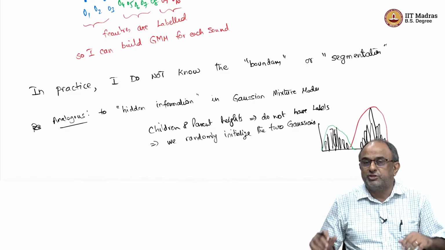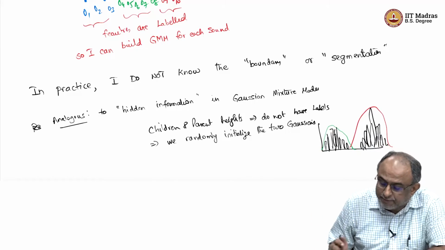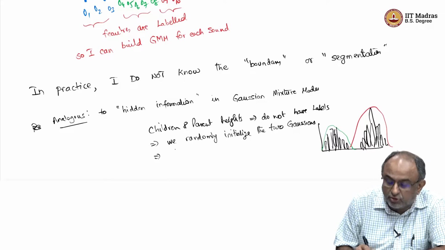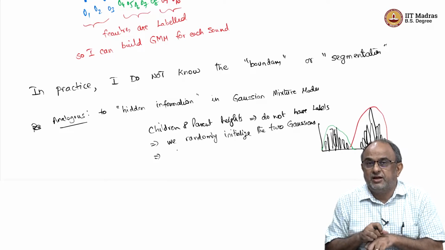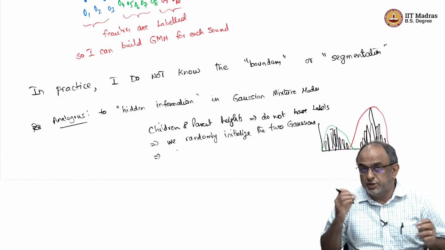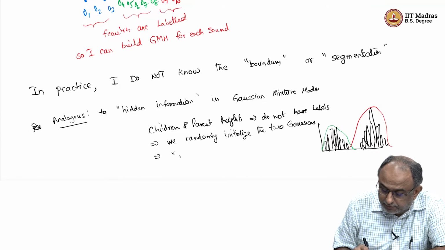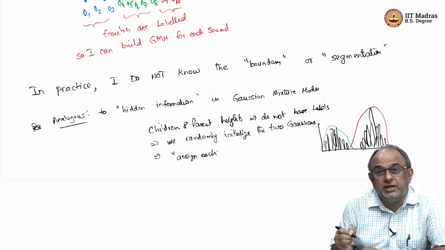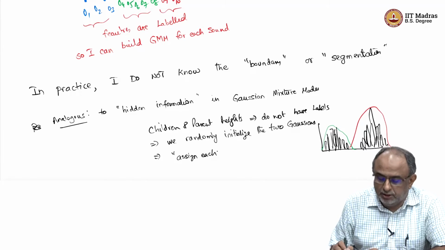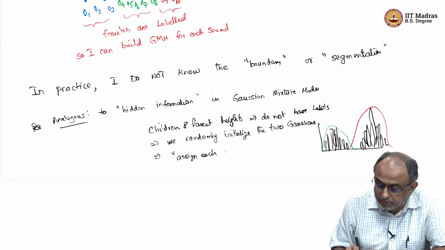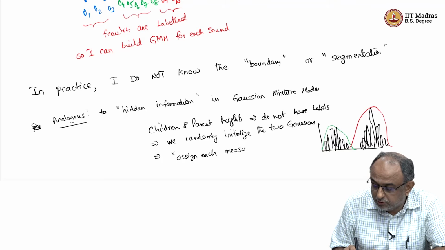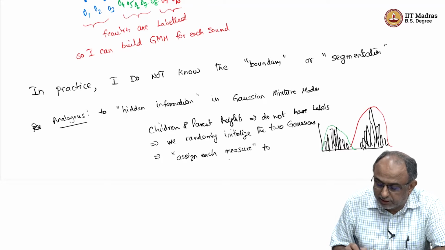But I know that there are two distinct populations that are there, right? And then we assign each measurement, whatever it is, height or measurement, to one of the two classes, one of the two Gaussians, right?